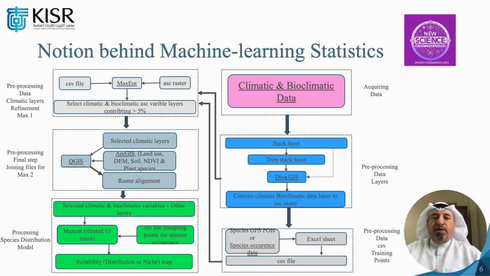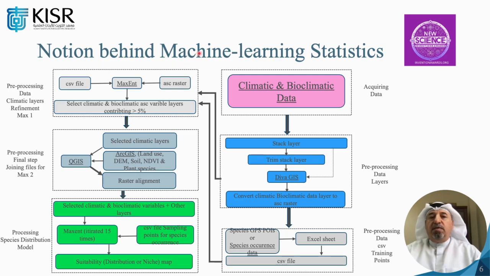From that, we predict a distribution map and a habitat suitability map. As you notice here, the main principle is that we use training points in contrast with some environmental factors.